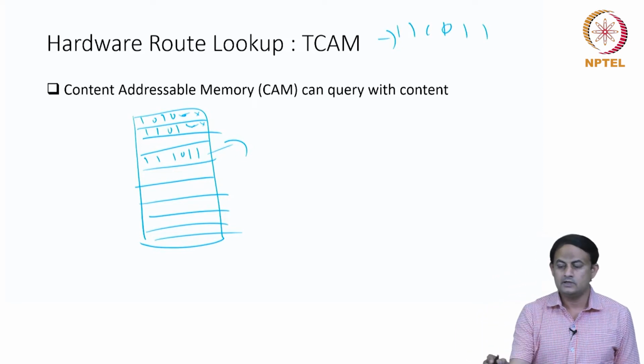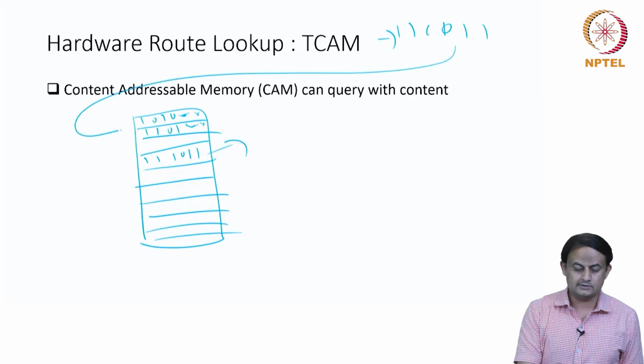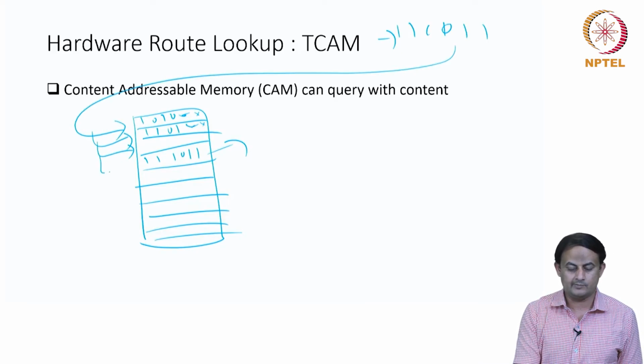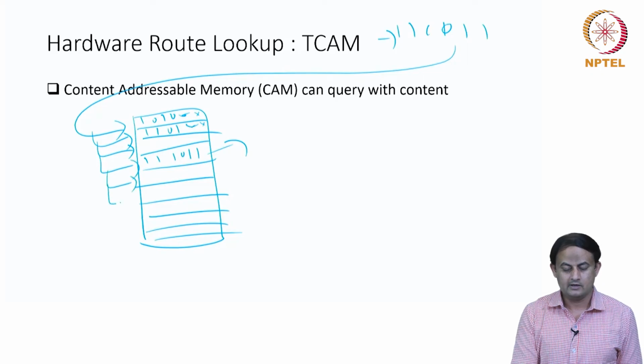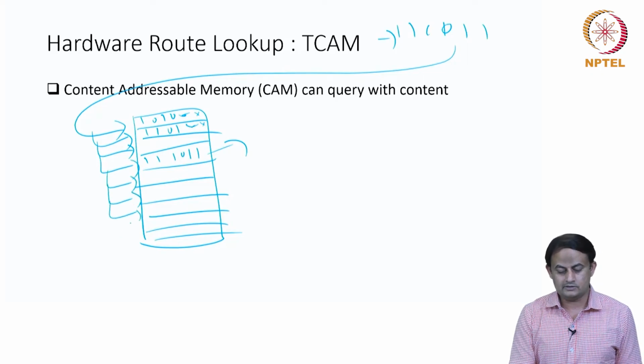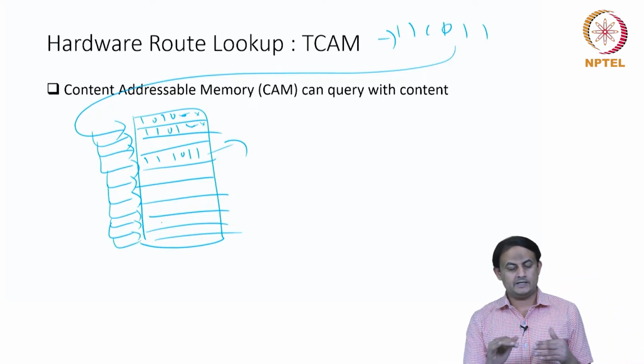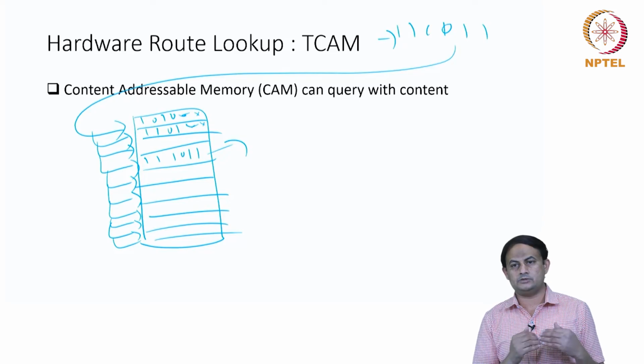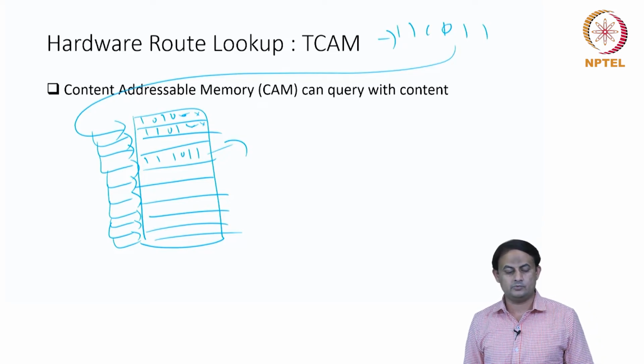So you take the IP address that is given, and the hardware circuitry in parallel initiates the comparison operation by taking contents from each of these memory locations. It will check whether this IP address matches the entry in the first row, the entry in the second row, the entry in the third row, and so forth.